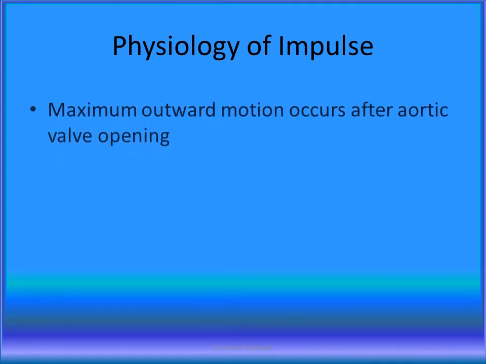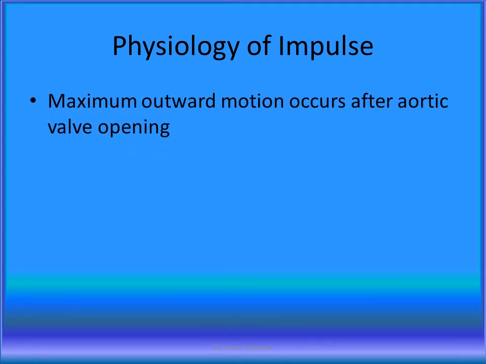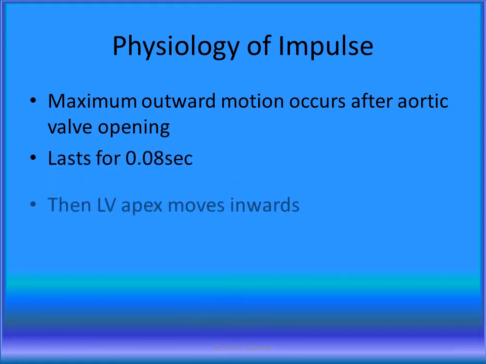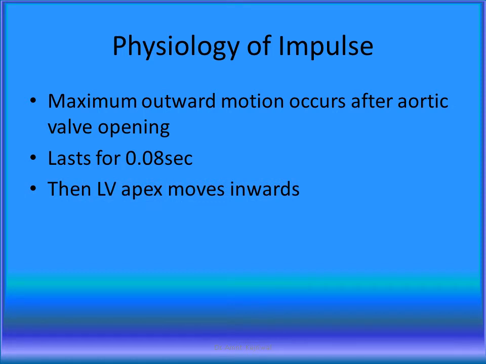Coming to the physiology of impulse, the maximum outward motion occurs after the aortic valve opens. It lasts for 0.08 seconds, and after it finishes, the left ventricle apex moves inwards or retreats. Normal apex beat is a gentle non-sustained tap. In all of us, it's a non-sustained tap.